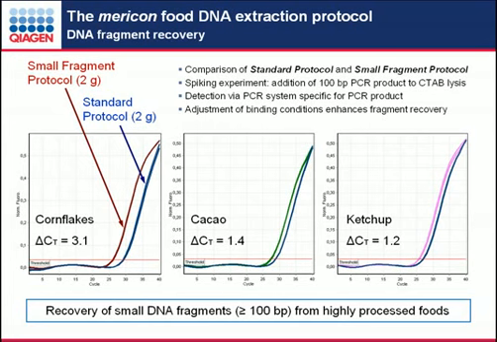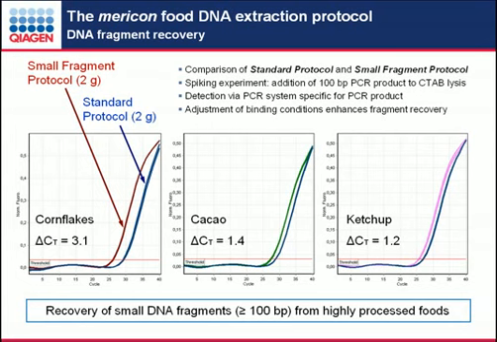And here is one further study done with the Maricon food DNA kit. We talked about the fact that certain foods are highly processed and that you get small fragments produced. Our standard protocol, which starts with 2 grams of food in the processing, gives you a particular result.